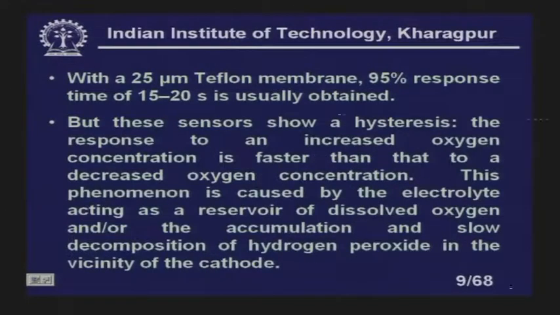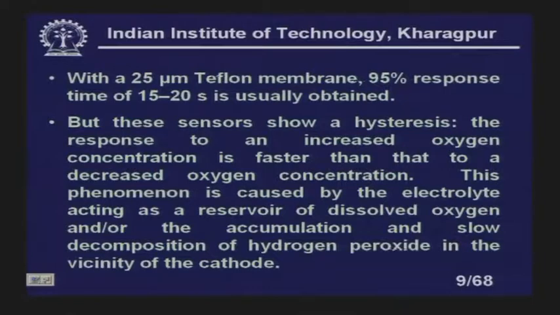But these sensors show a hysteresis: the response to an increased oxygen concentration is faster than that to a decreased oxygen concentration. For a step change, the response time varies depending on the direction of the change in oxygen concentration. It is unusual for oxygen concentration or partial pressure to change very rapidly, but suppose there is a change.